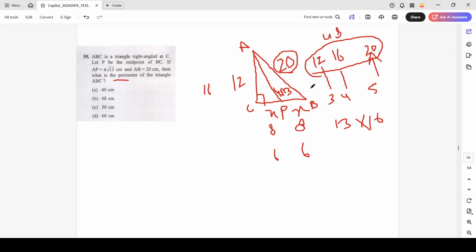We square this, and 12 square is 144, and 8 square is 64. So we see that this totals 208. That means this is verifying our assumption. So for question 55, the answer will be B.